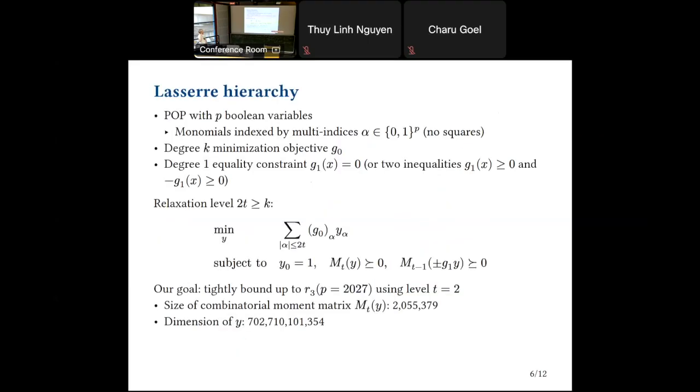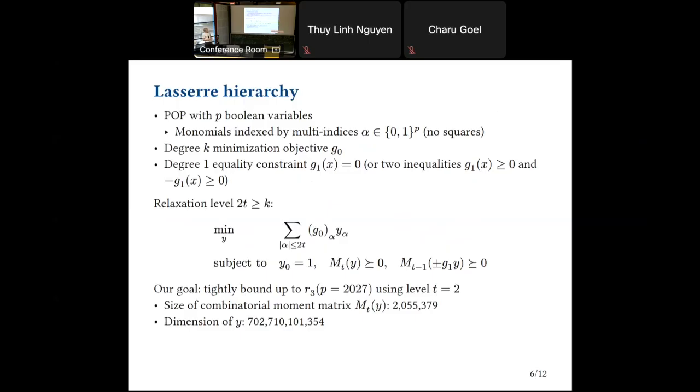If you write this down in the moment language, we have a POP in p Boolean variables, x0 to x_{p-1}, and the monomials are indexed by multi-indices that are just 0 or 1.